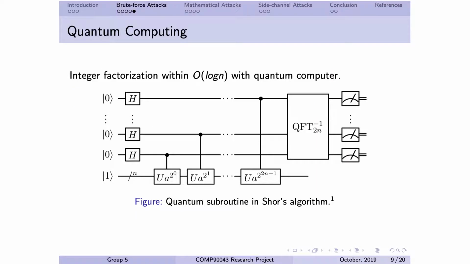When we move on to the big picture, if quantum computers become possible in future decades, there is an algorithm that can reduce the time complexity of this problem to polynomial time. That is Shor's algorithm. Shor's algorithm introduced a new conceptual approach that can reduce the time.